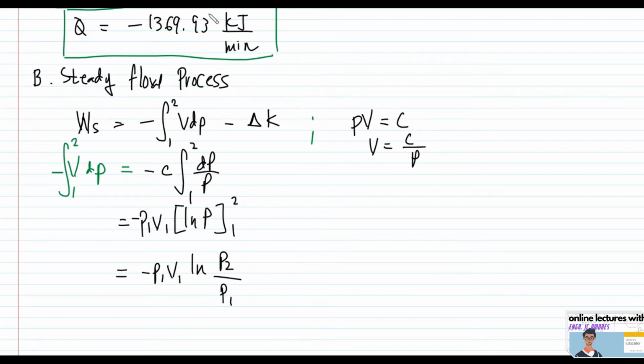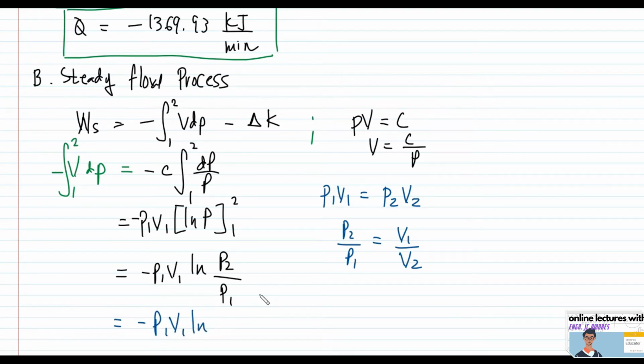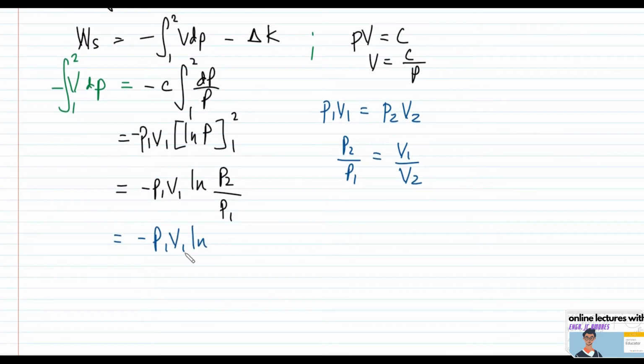Now P2 over P1 can be in terms of your ratio of volume. From P1V1 equals P2V2, your P2 over P1 would be equal to V1 over V2. So let's change this one, and I would like to make a point here after substitution. So this will be negative P1V1 ln of V1 over V2. Now the negative can be the exponent of your ratio V1 over V2 by properties of logarithm.